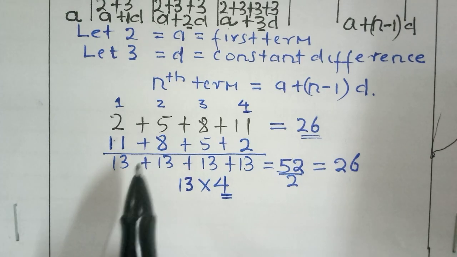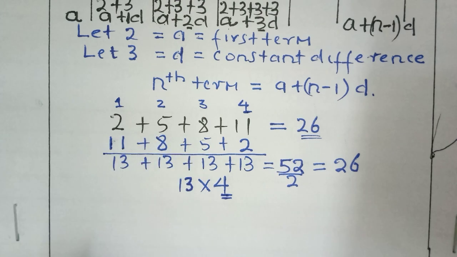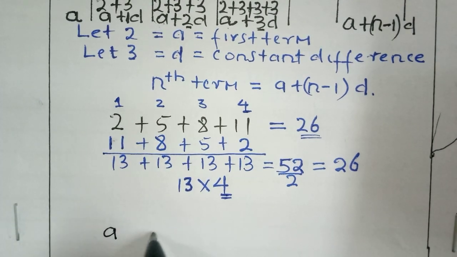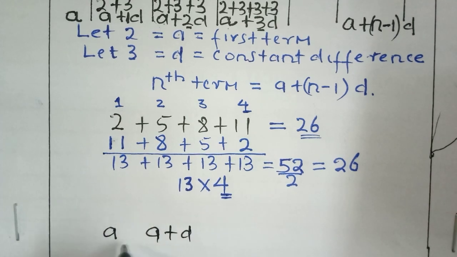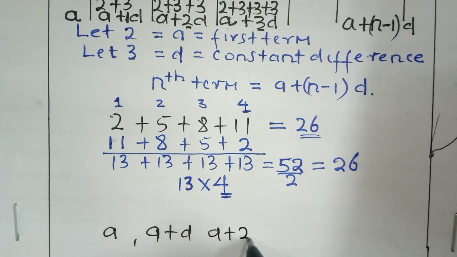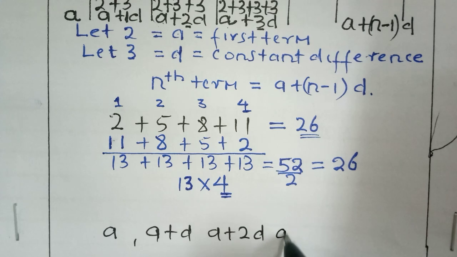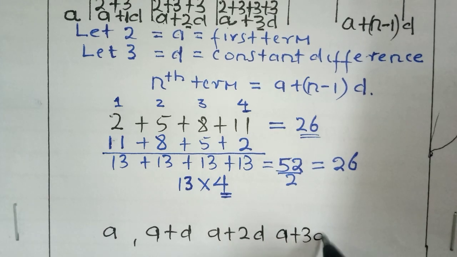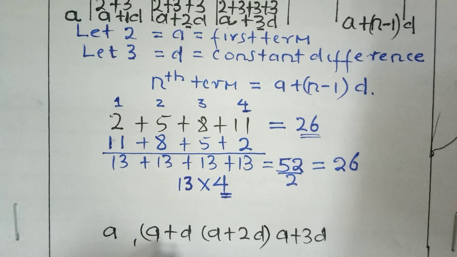So we now put, just like we have put, this is our first term. Our first term here was a. Then it was followed by a plus d, followed by a plus 2d, then a plus 3d, like that. Let me put them this way.